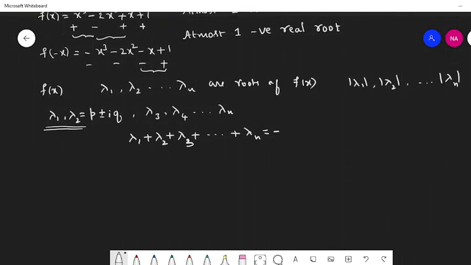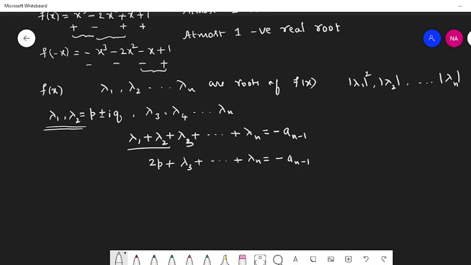It will be negative of a n minus 1. Now, if you sum these two, lambda 1 and lambda 2, obviously plus iq minus iq get cancelled. You get 2p plus lambda 3 plus and so on plus lambda n will be minus of a n minus 1.